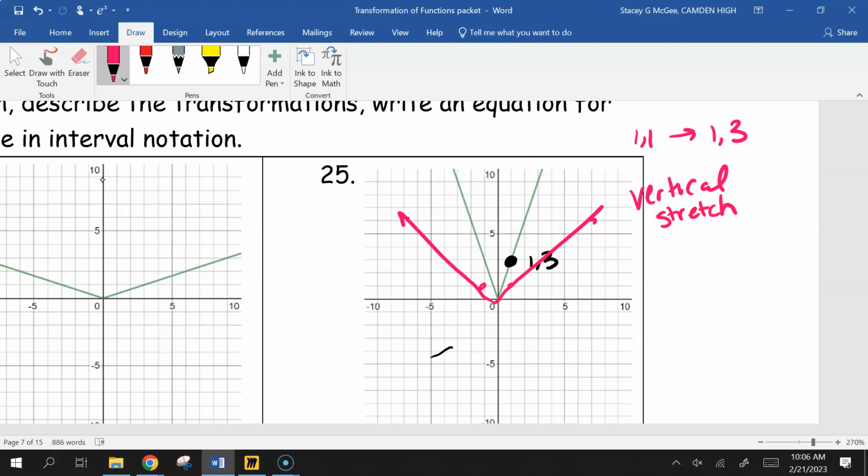I found one that had either a 1 for a y coordinate or an x coordinate so that I could compare it to the original parent graph of 1, 1. So I'd say this is a vertical stretch of 3. Yeah. A vertical shrink? A vertical, yep, yep.